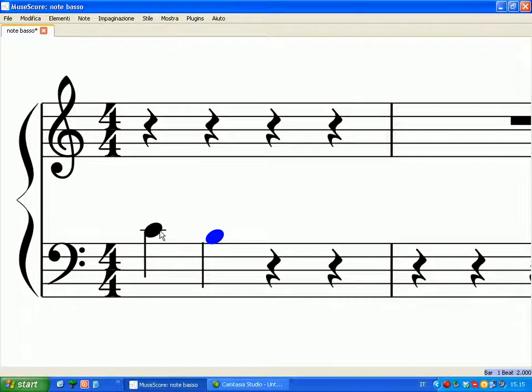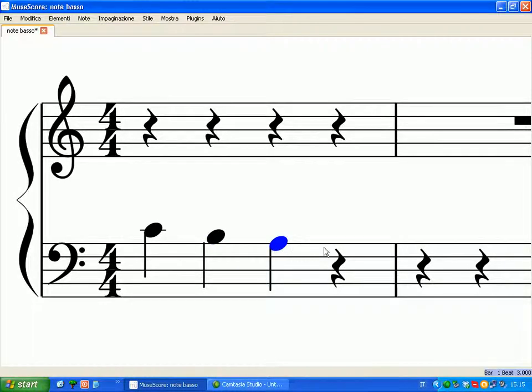If I go down in this way, it means that I go to lower notes. It is exactly as in the treble clef. So now we are going to find the next lower note, which is of course the A note. So we write the note exactly on the fifth line. Then the G, which will be the next lower note.